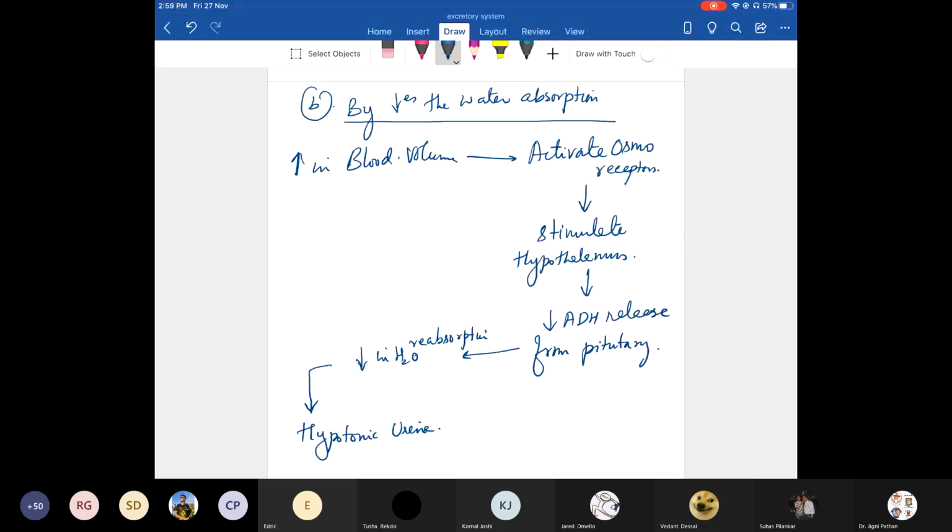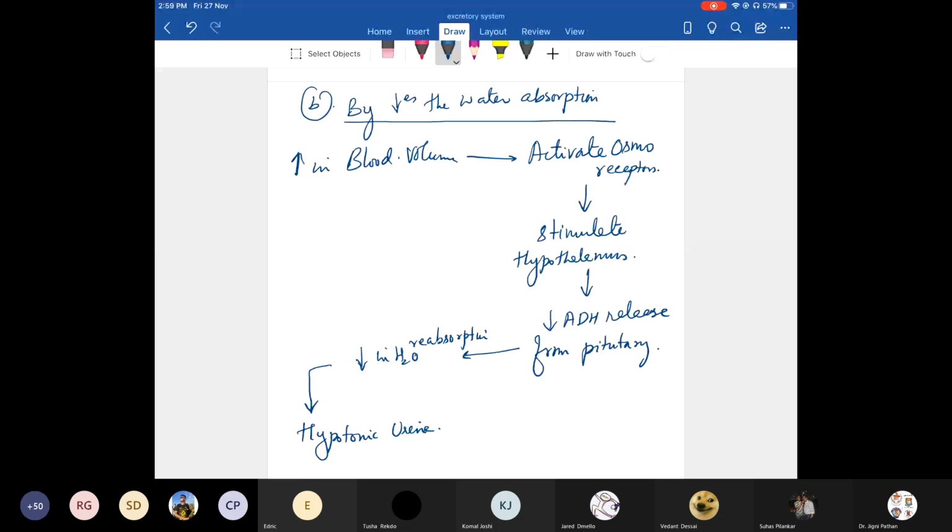So when there's an increase in blood volume in the blood vessels, this activates the osmoreceptors. These receptors activate the hypothalamus and tell it to decrease the release of ADH hormone from the pituitary. Now this ADH, which is less in secretion, will absorb less water from the DCT.